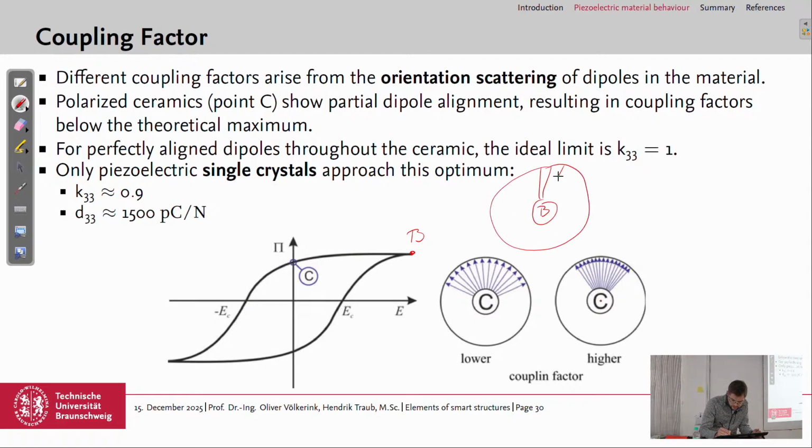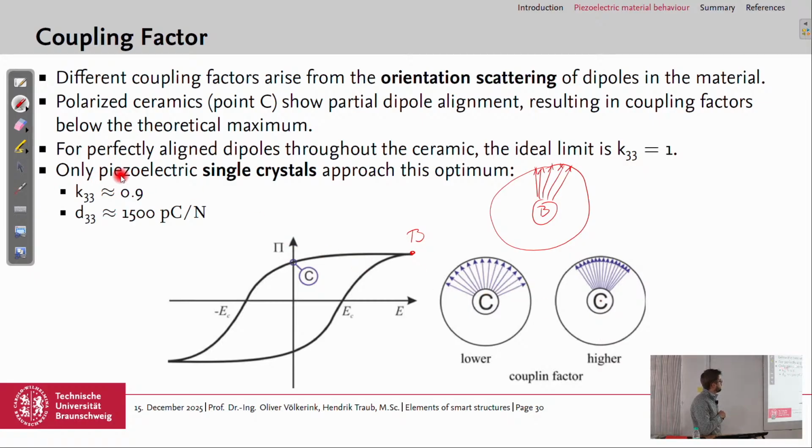So point B has really a strong or high orientation, and at point C, when we have removed the field, we have still a high orientation, or a lower orientation, and therefore this is more efficient in transducing the energies between mechanical and electrical energy.